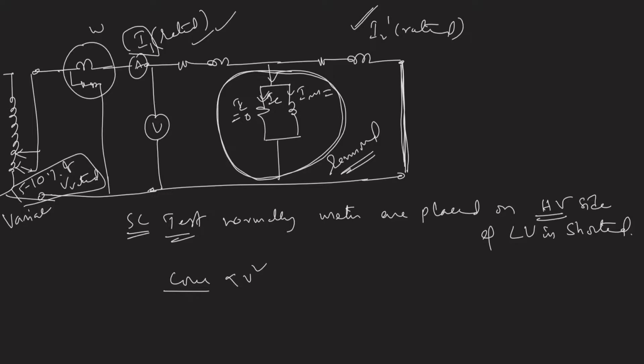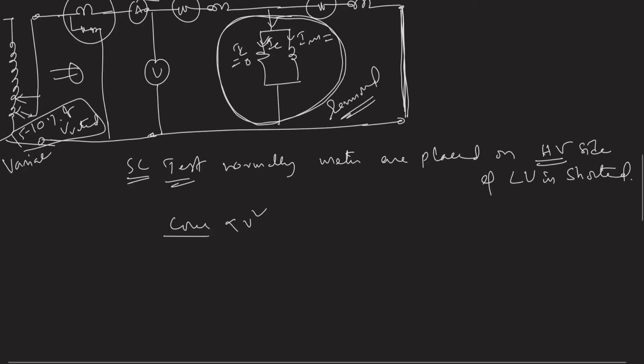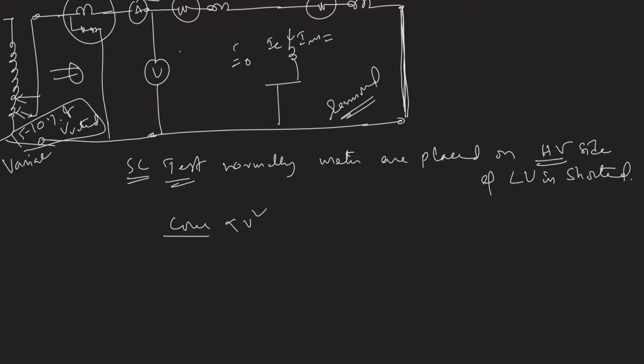So all the wattmeter reading goes into the primary and secondary copper losses. So what we do is we remove this limb, right? And the equivalent circuit under the short circuit condition is treated like this.